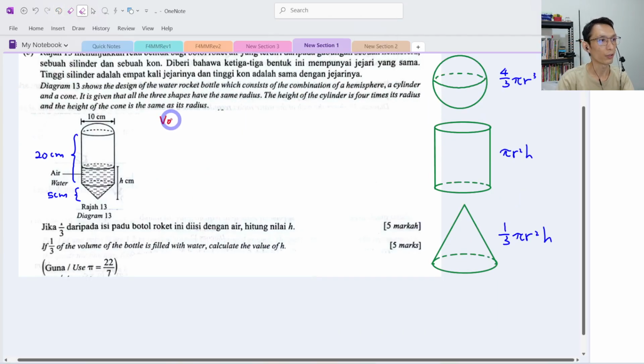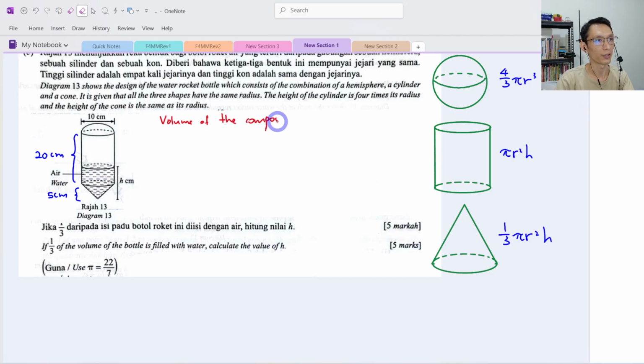Okay, volume of the composite solid. This is half of the hemisphere, therefore I'm going to take 1 over 2 times 4 over 3 pi r cubed.